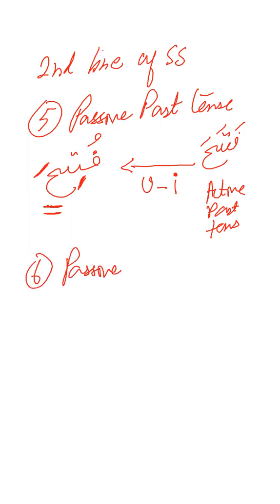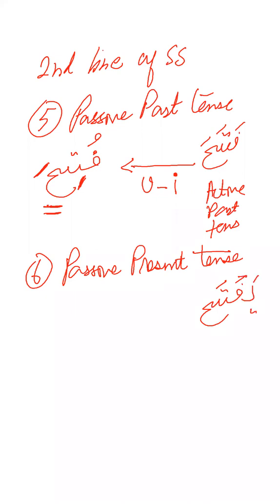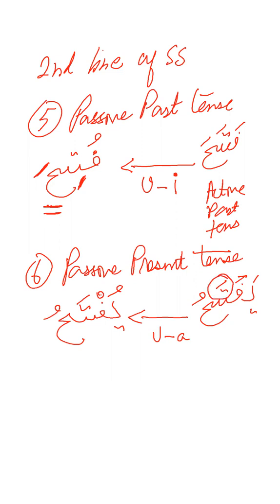Passive present tense. Yaftahu, Yuftahu. Because ta is already having a fatha on it, we don't need to change it.